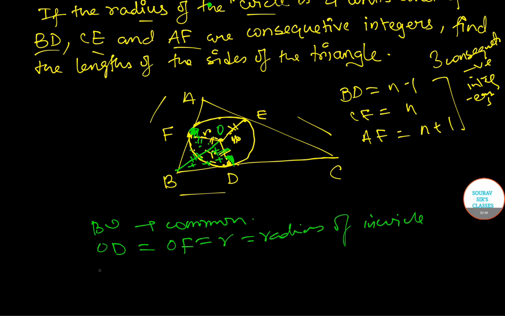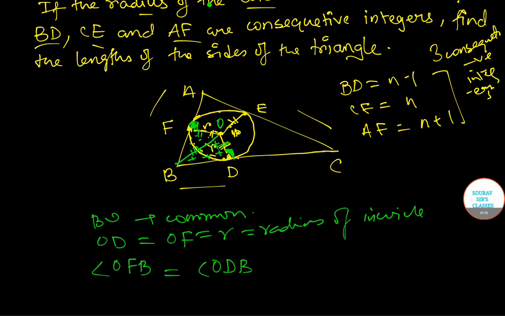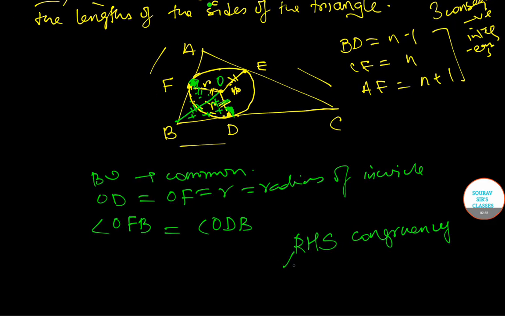So angle OFB is equal to angle ODB. So basically what we have is an RHS congruency, which means right angle, hypotenuse and side.